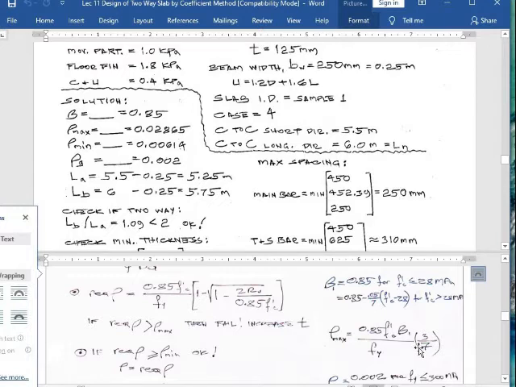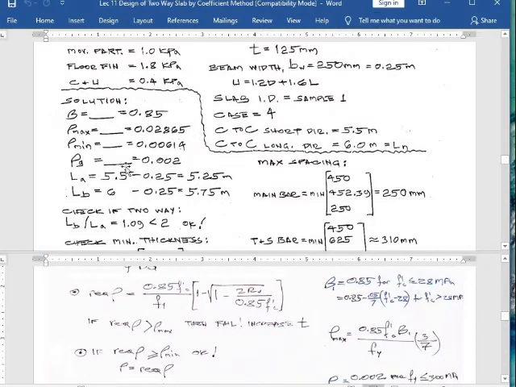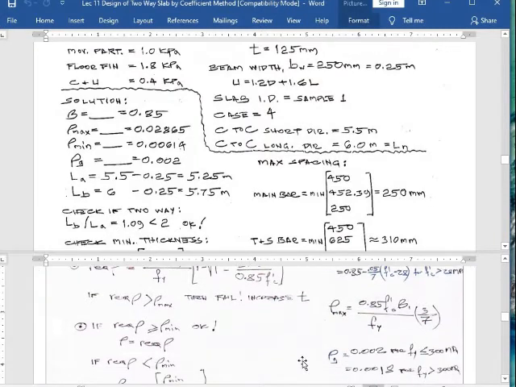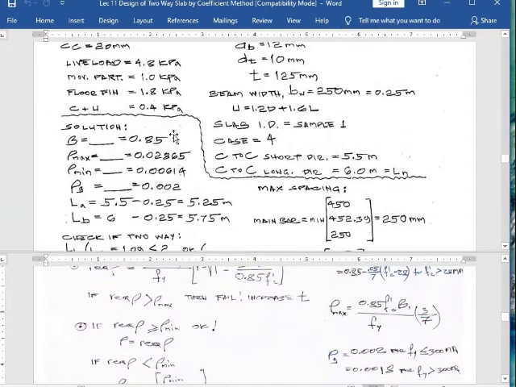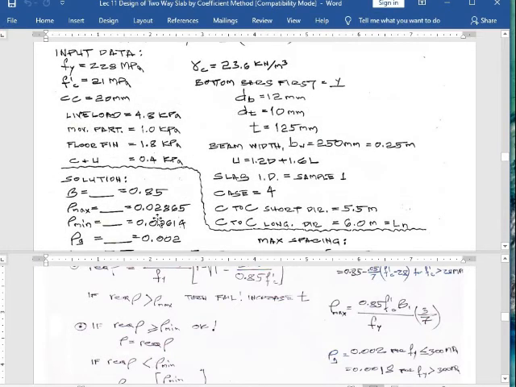Mas conservative ang rhomax ng slab compared sa singly reinforced beam. Okay, sa solution, yan ang mga basic constants. Beta, rhomax, rhomin, and then rho G. Sa rho G, ang gagamitin natin ay 0.002 dahil ang Fy ay less than 300 megapascal, which is 228.